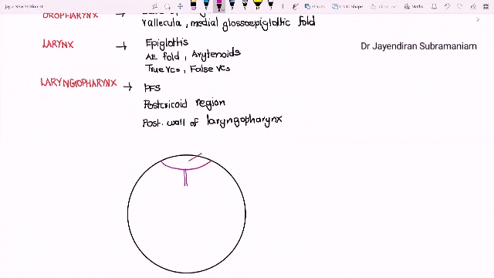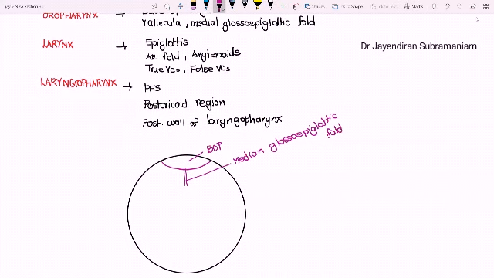So here we have base of tongue. Then this is your median glossoepiglottic fold.